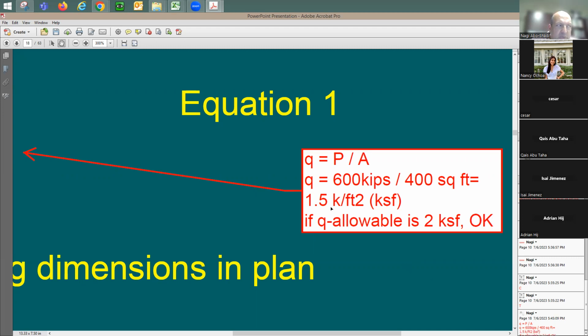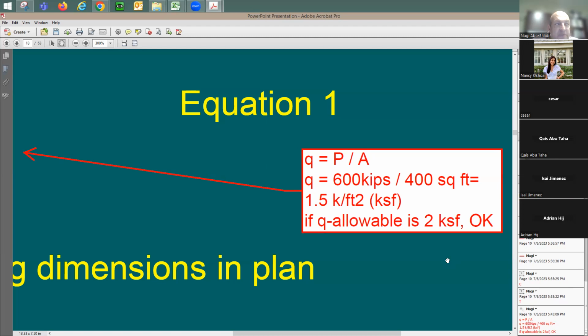If the actual soil pressure is lower than the allowable soil pressure, you're good. The problem is going to happen if the actual soil pressure is higher than this 2 KSF. We're going to be in trouble. Now, this footing is going to be unsafe. It's going to be penetrating the soil.